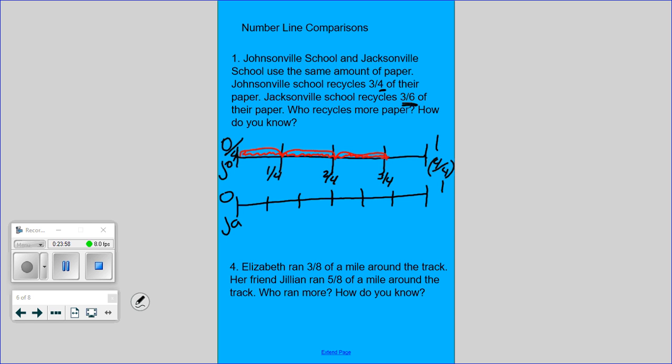Tom Murphy, what is 0 represented as a fraction? 0/6. Good. 1/6, 2/6, oops, 3/6, 4/6, 5/6. 1 whole represented as a fraction, Kaylee? 6/6. Jacksonville only recycled 3/6. So we're going to start at 0 and do some kind of jump, circle, however you want to do it.